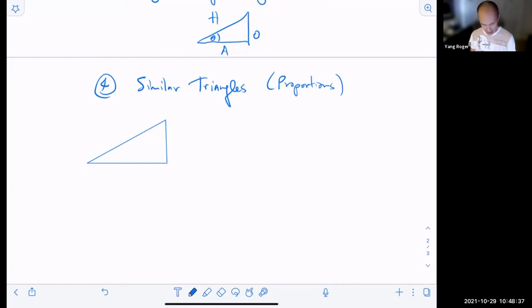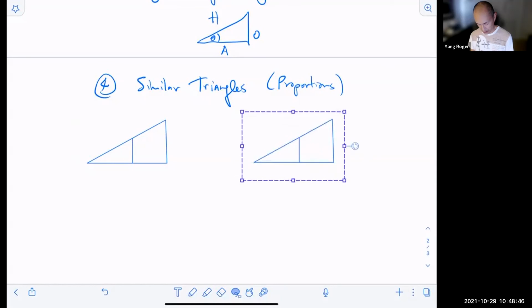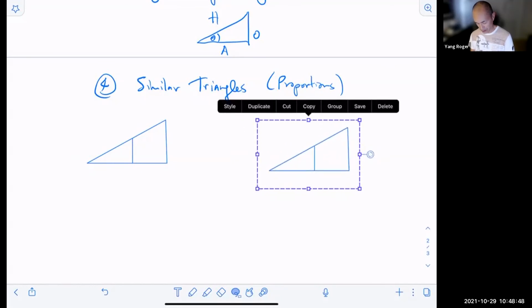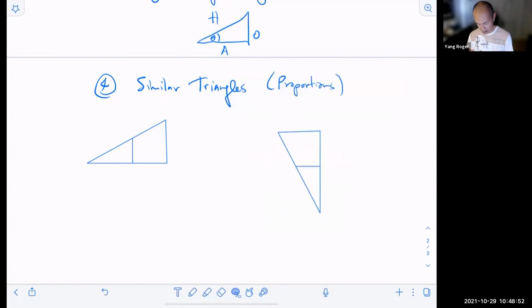Okay, and then I can slice it like this right here. And I'm going to copy this picture, put it over here as well, and then rotate it. Okay. Because I want you to see something.